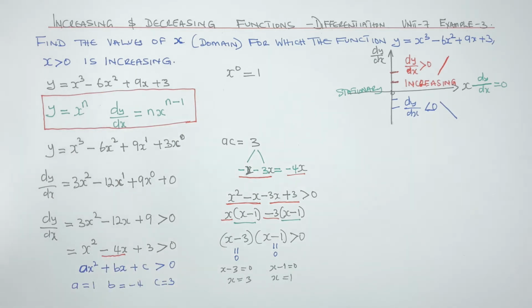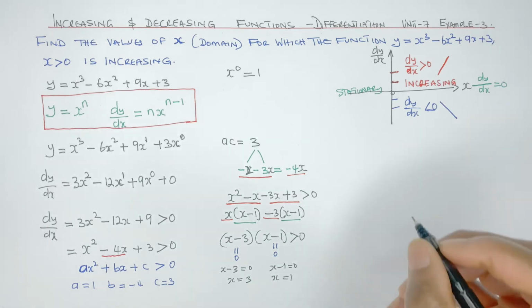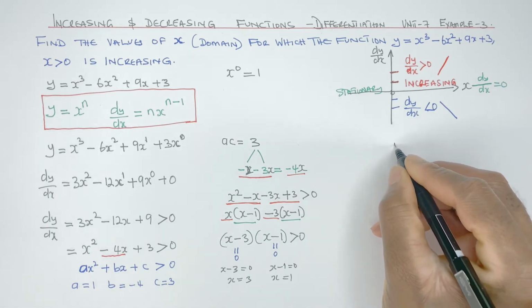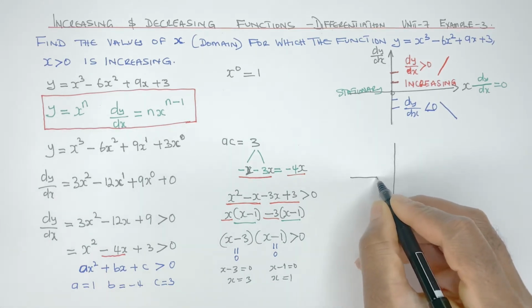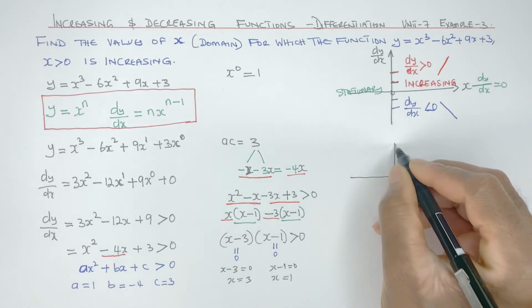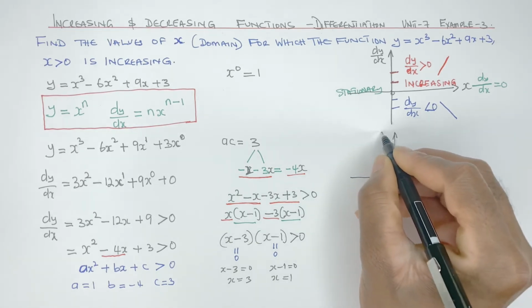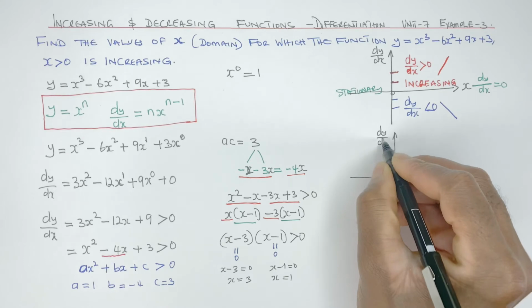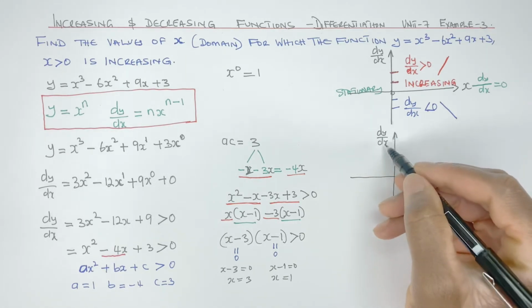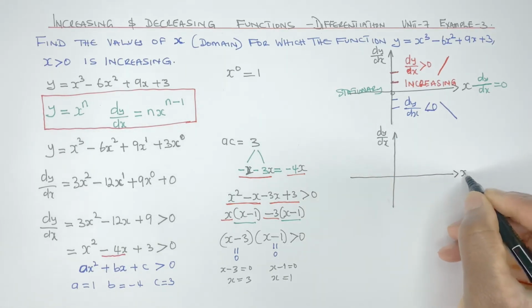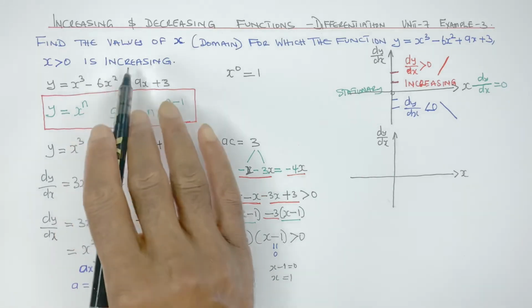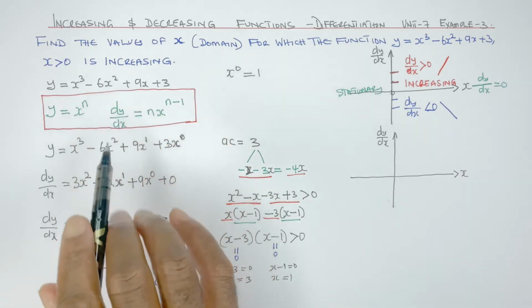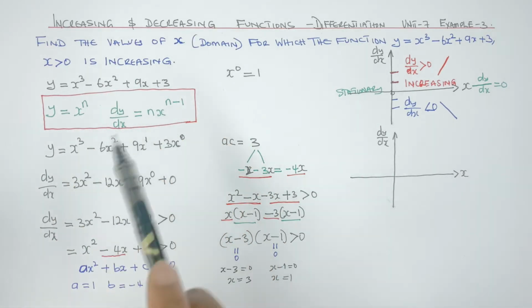So what I need to do now is try and sketch the graph. Remember, the y-axis is dy/dx. I'm plotting dy/dx against x. Whenever we're looking for increasing function and decreasing function, we always compare it to dy/dx.